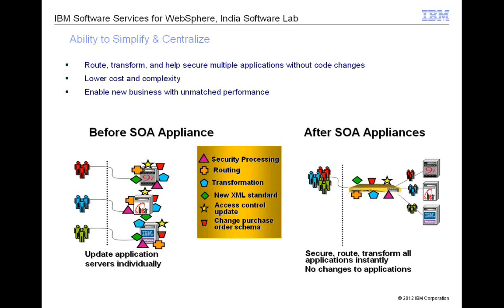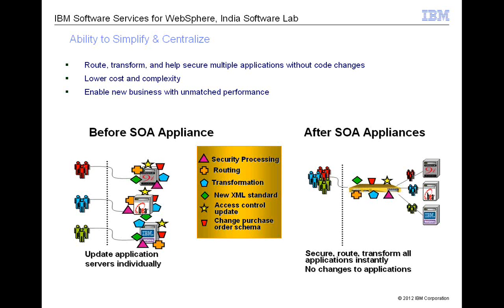Today, in any application, application architects and enterprise architects do think about how you are going to do the security processing. What are the routing rules? What are the transformation rules? Do we have to adopt a new XML standard? Do we need to do access control updates, or do we just want to change the schema of one of our applications? Let's say, for example, the purchase order schema.